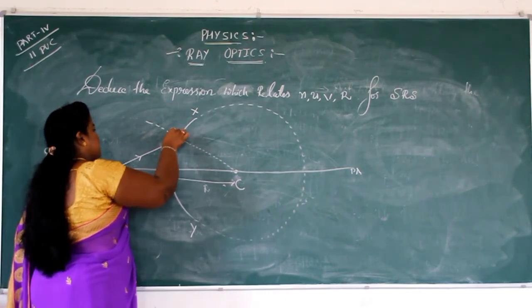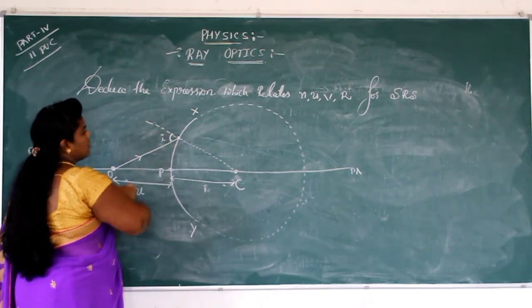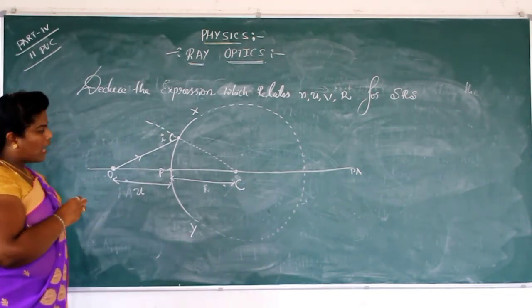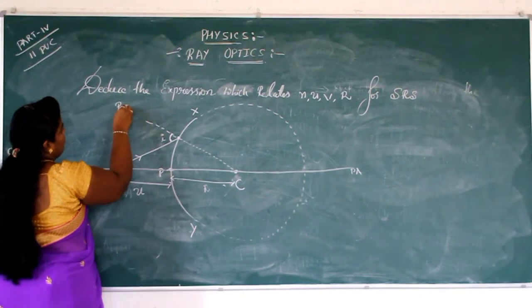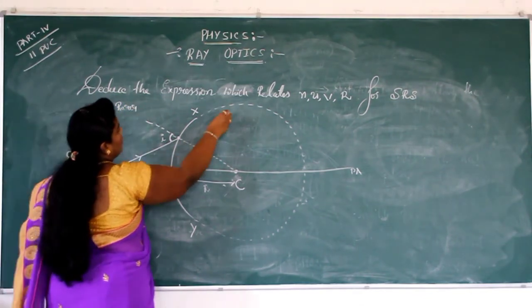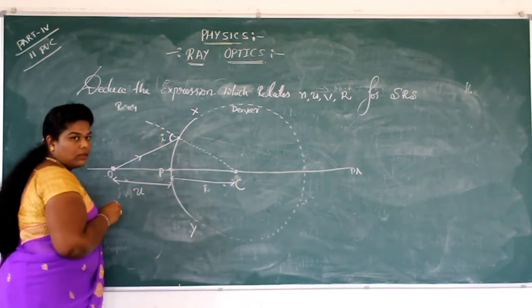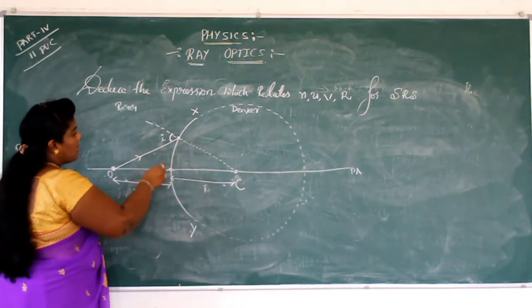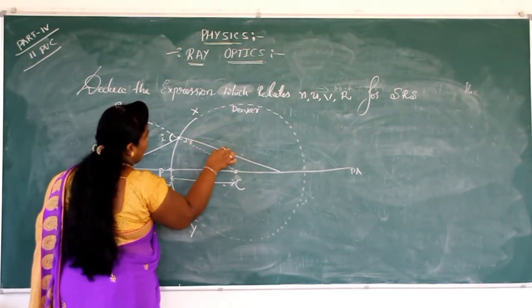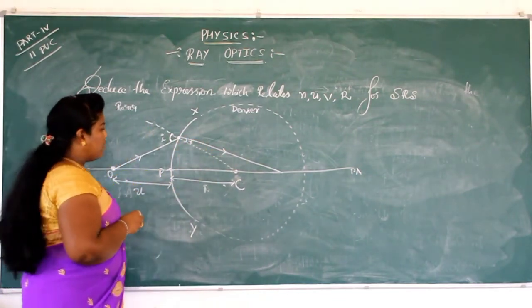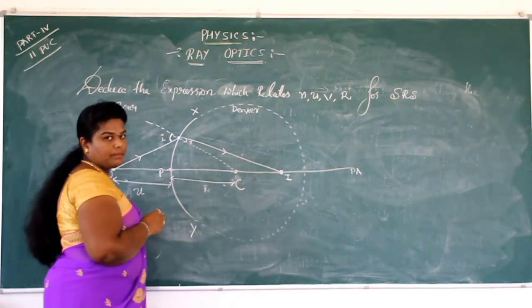The angle between the normal and the incident ray is the angle of incidence i. The ray of light travels from rarer medium to denser medium, so it bends towards the normal with an angle of refraction r, and finally forms an image I at this position.